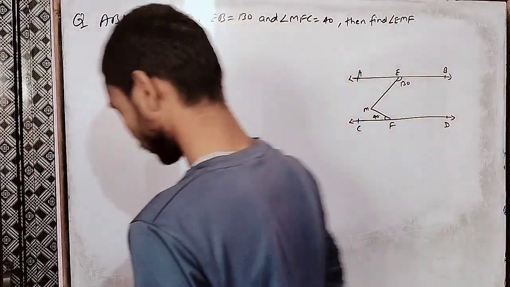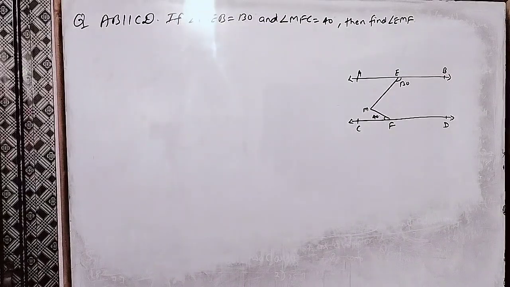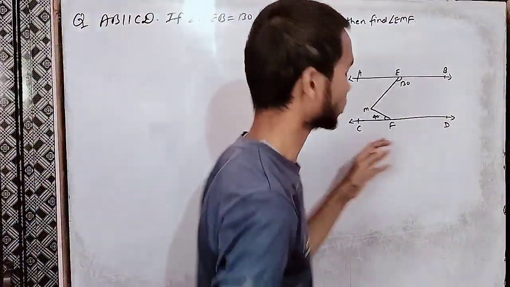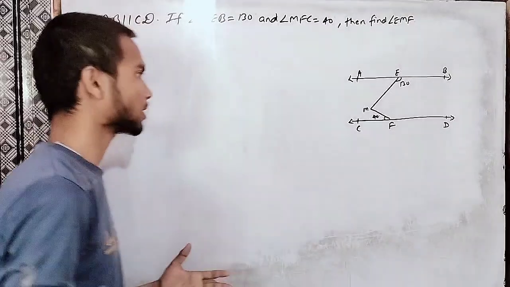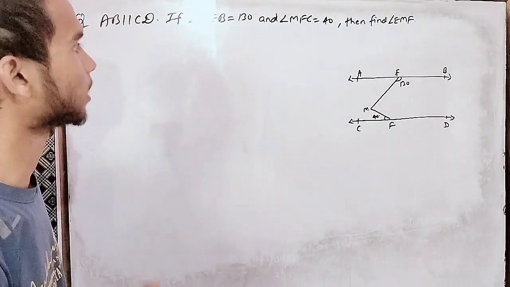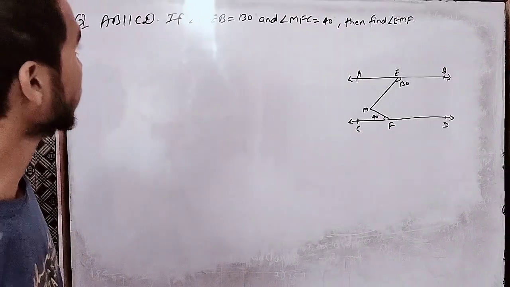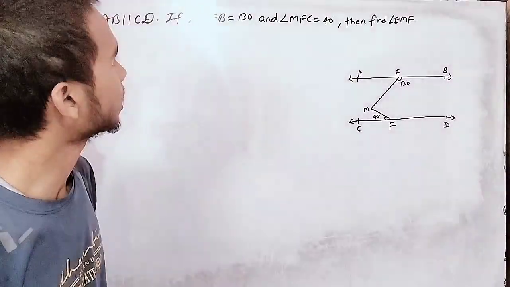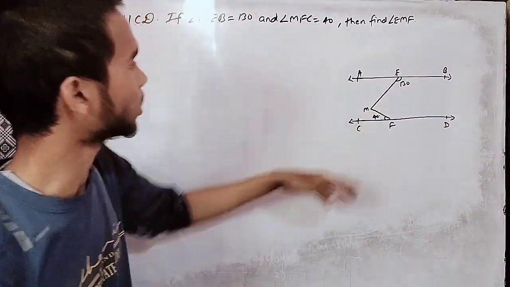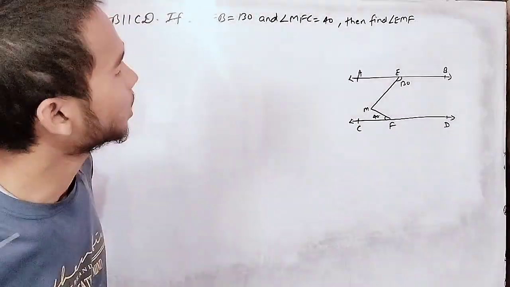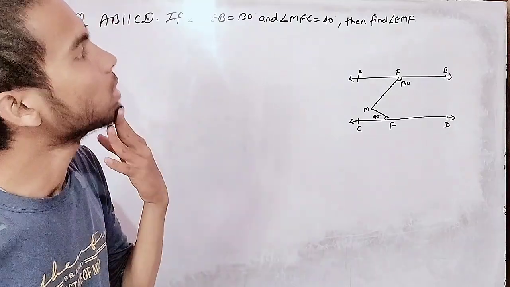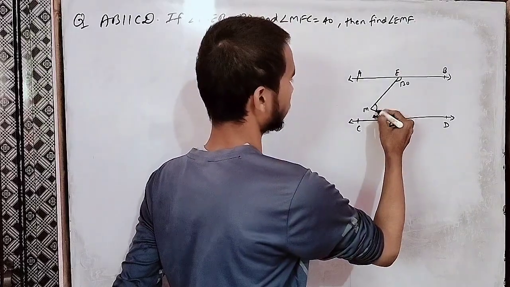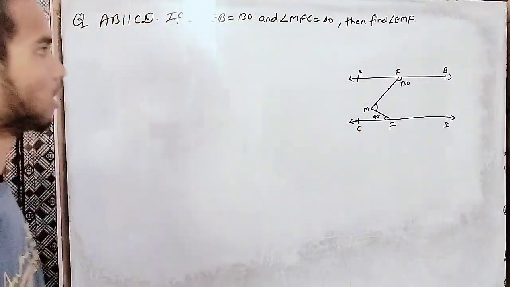Look at this question. AB is parallel to CD. We have two lines which are parallel to each other. If angle A is 130, and angle MFC is 40, we have to find angle AMF, the value of this angle.